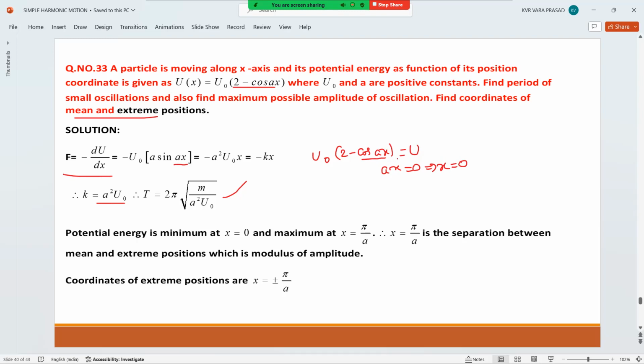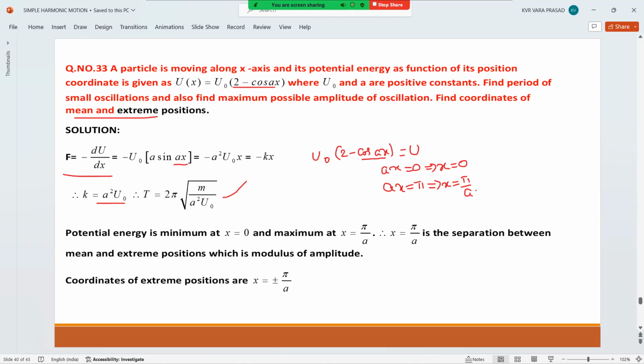Right. Next, focus on for which x value the potential energy becomes maximum. Potential energy becomes maximum when the cos function becomes minimum, that is, when the cos function becomes minus 1. Cos function minus 1 means the ax value is pi, or you can take 3 pi, 5 pi and so on. Take it as pi, then the x value is pi by a.